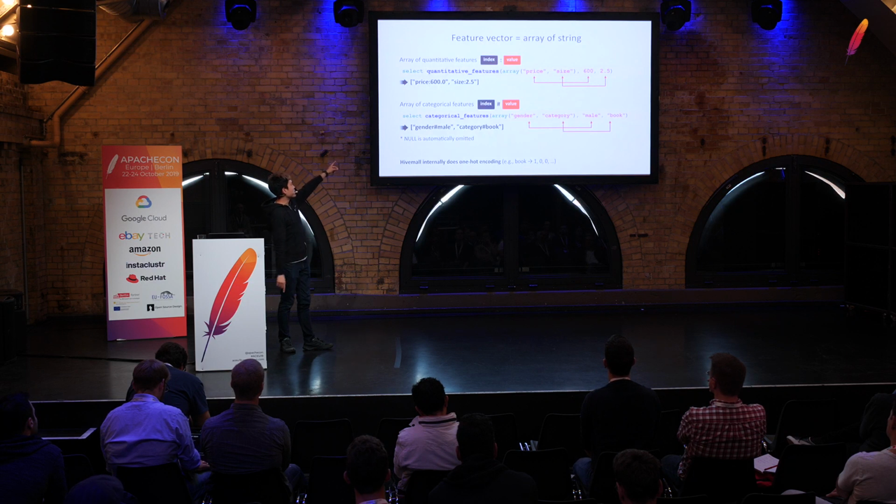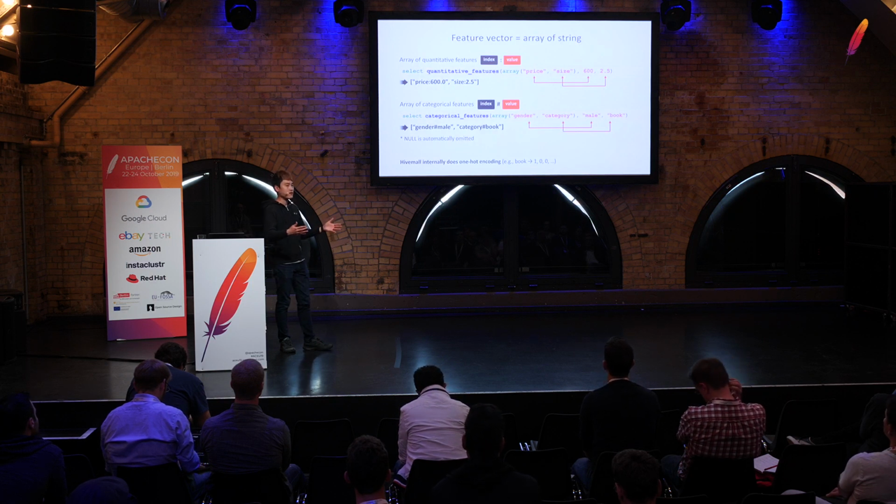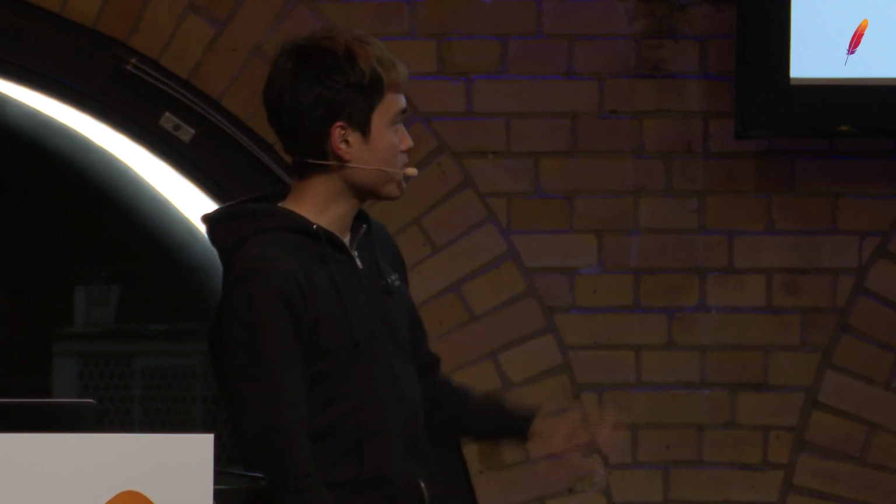For the quantitative feature, you get this kind of array: price is 600 and size is 2.5, and this is the representation of your data. In the case of a categorical one, the gender is male and the product category would be book or something like that. Those kinds of pre-processing can be easily done by using the simple functions quantitative_features or categorical_features.